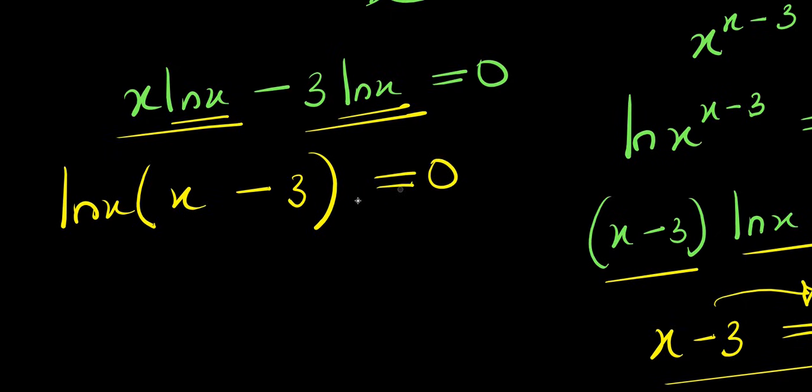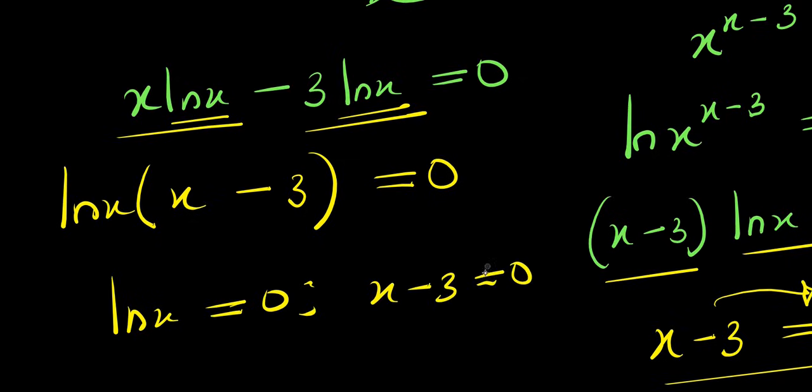Have you seen that? So at this point, I can equate each of these to 0. So I will simply equate the natural log of x to 0, or I will also equate x minus 3 to 0, right? So let's solve the individual equations. Now, we start with natural log of x equals 0.